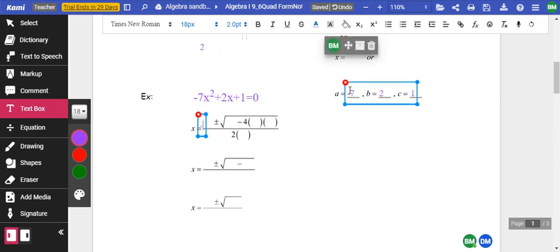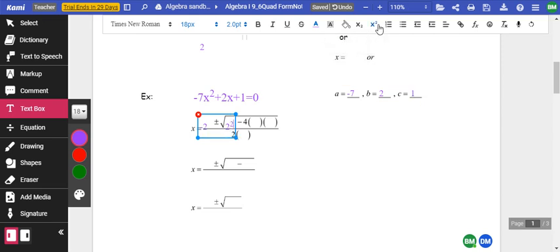We've got negative B, so it's negative 2, plus or minus the square root of 2 squared, minus 4 times negative 7 times 1, all over 2 times negative 7. Negative 7 doesn't want to be in the right spot, so I'm just moving it.